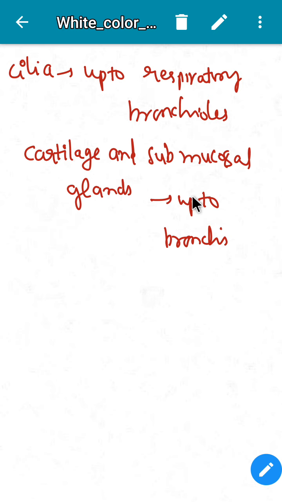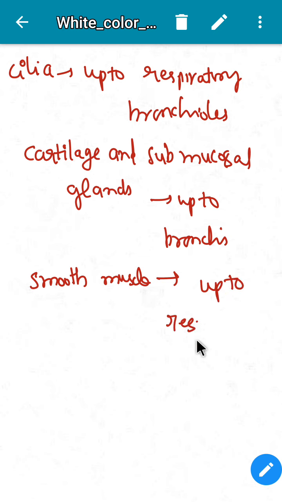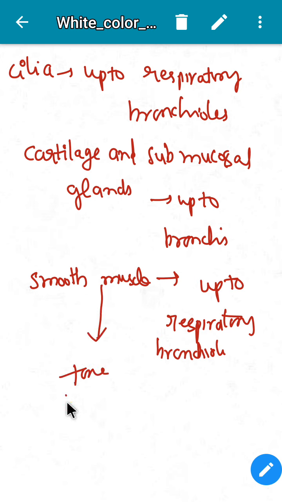Smooth muscles are present up to the respiratory bronchioles, and this maintains the tone of the airway.